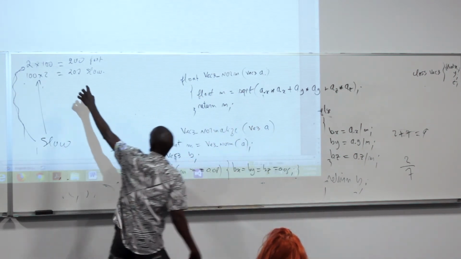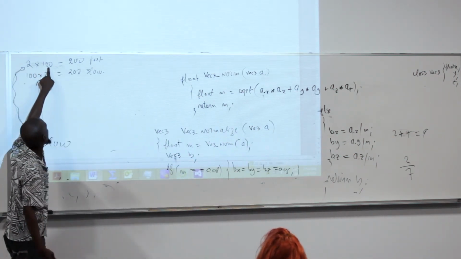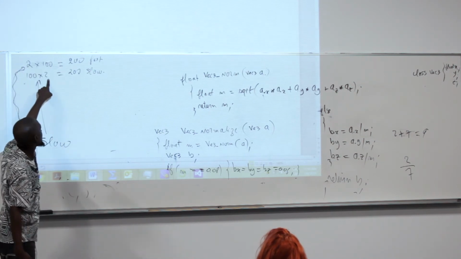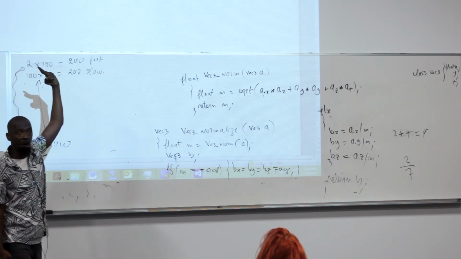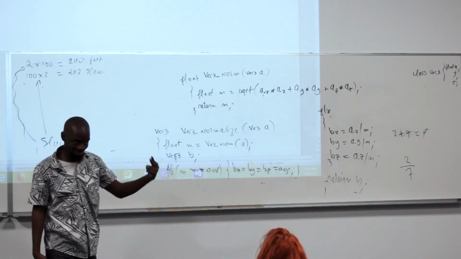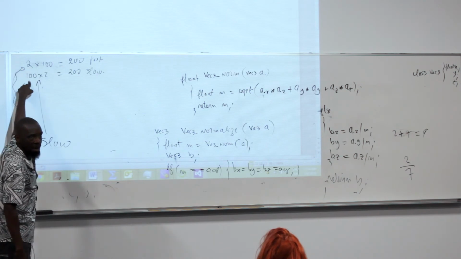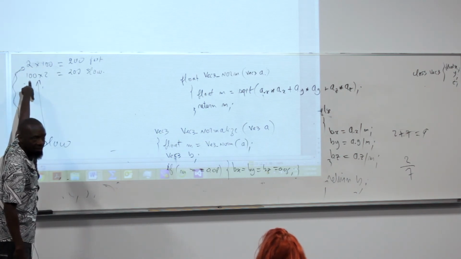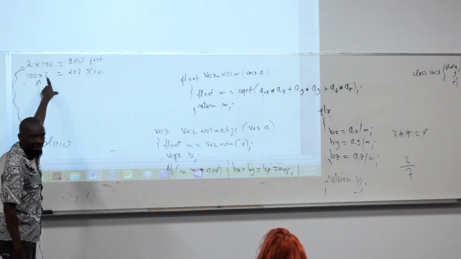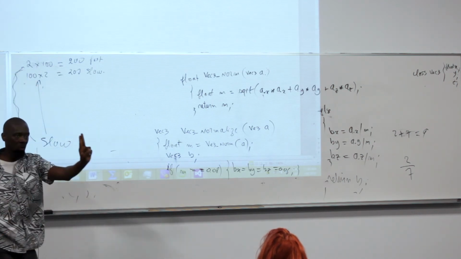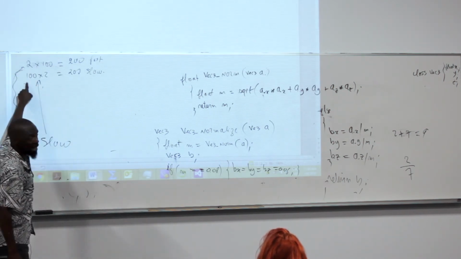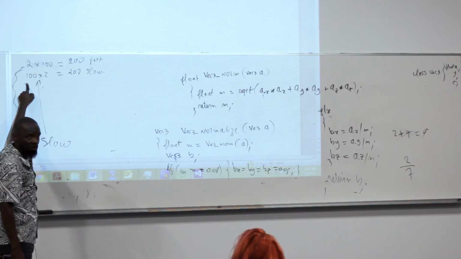This means that I'm going to add 2, 100 times, and this means that I'm going to add 100, 2 times. So this one is going to be 100 plus 100. 2 loops, done. This one counts 2 plus 2 plus 2 plus 2 plus 2.